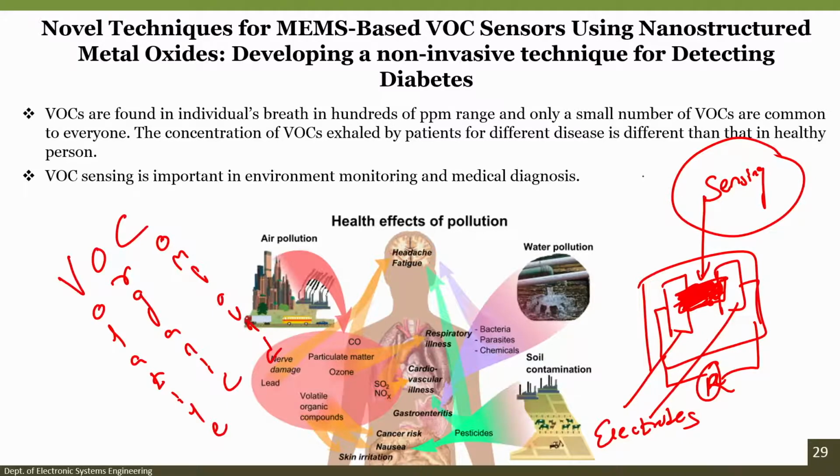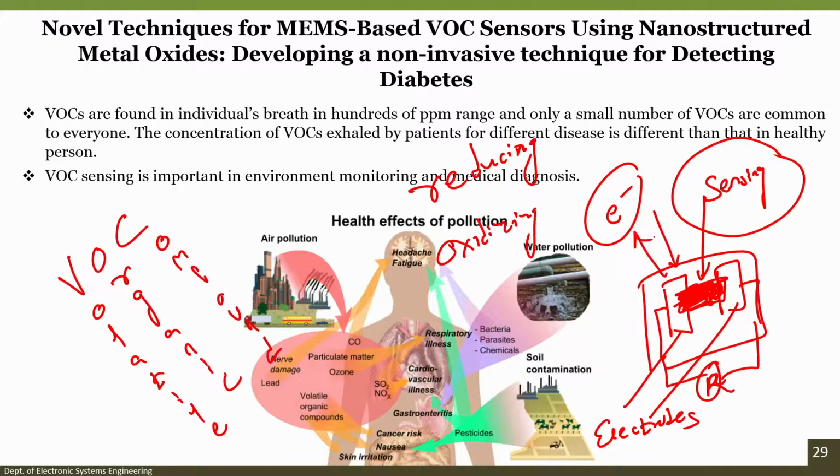that means when the VOC comes in contact with the sensing layer, an extra electron is created. If it is a reducing VOC, and if it is an oxidizing VOC or oxidizing gas, then the electron will be taken away from the sensing layer.